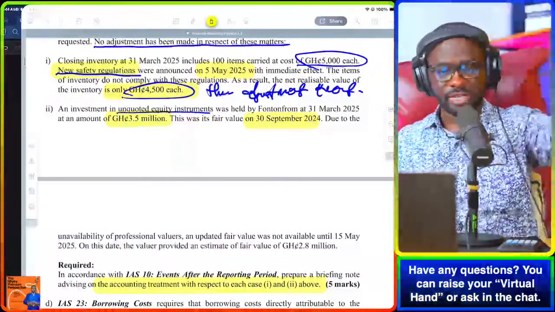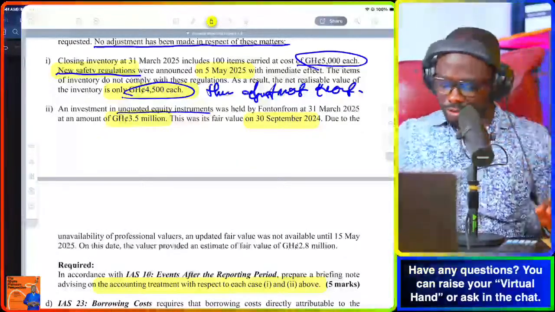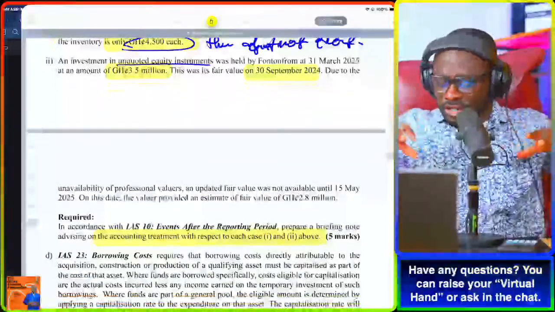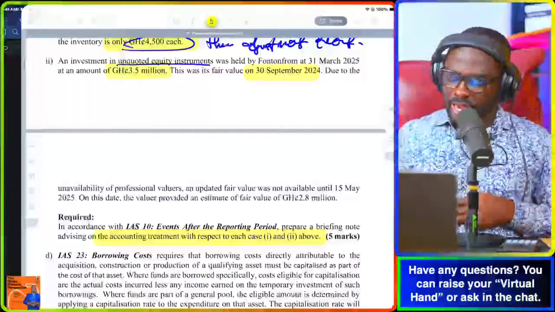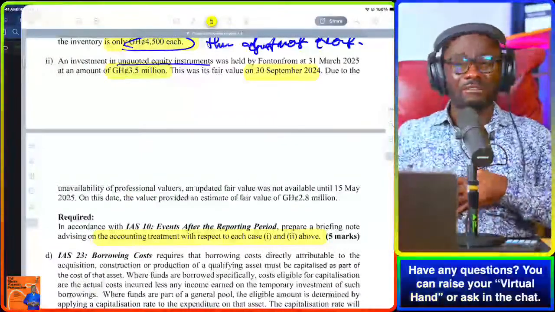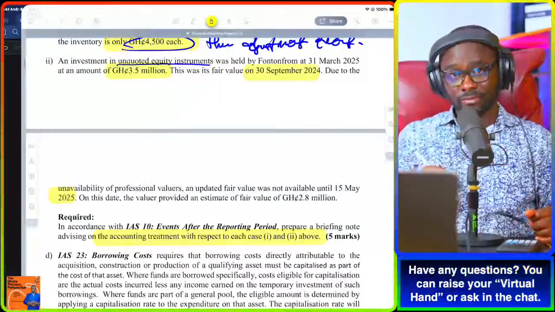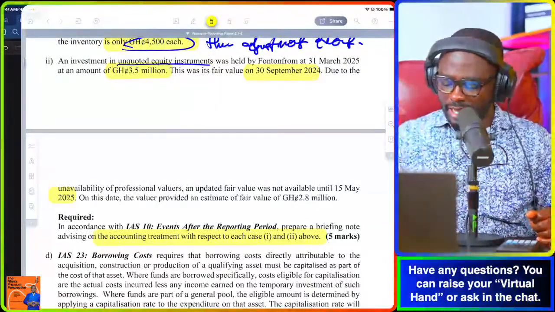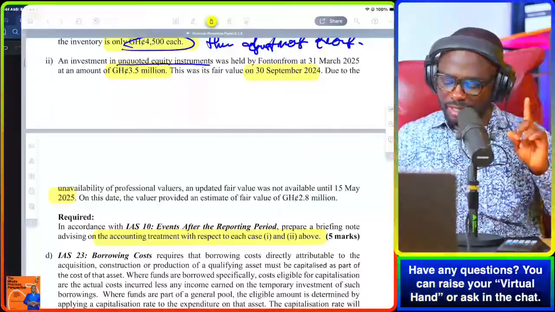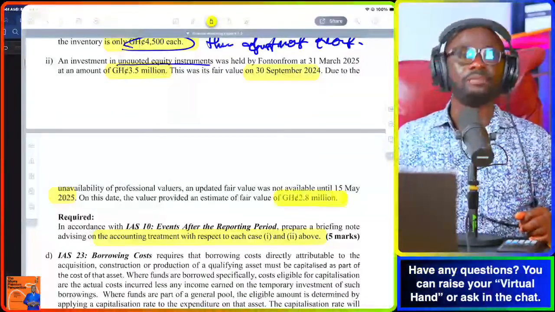Due to unavailability of a professional valuer, an updated fair value was not available until 15th of May. On this date, the valuer provided an estimate of fair value of 2.8 million.